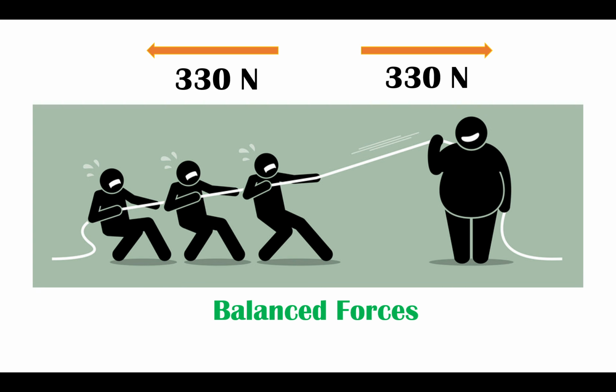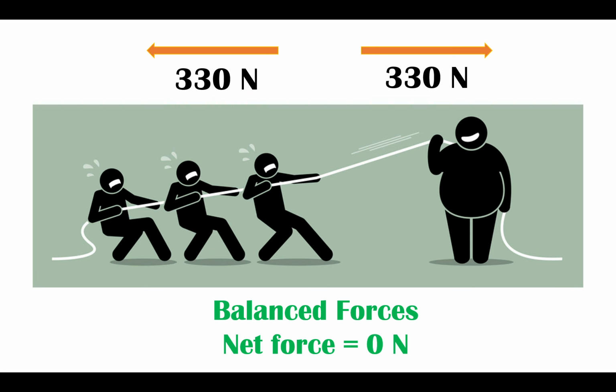Of course, there are balanced forces in here because again, the forces exerted by both sides are equal, the same, 330 newtons. So 330 newtons minus 330 newtons is equal to 0 newton. And since the net force is 0 newton, it is expected that there will be no motion, no movement, and the rope will stay still.